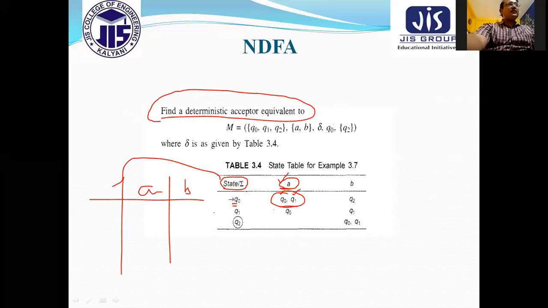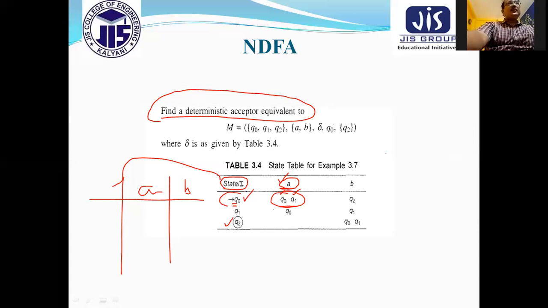Now starting from then, as we know, if there is an arrow on a state, it is known as your initial state. If any concentric circle is present in your transition table, then I can say it is the final state.